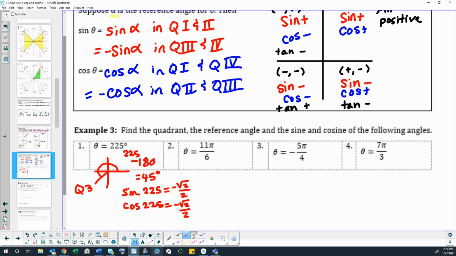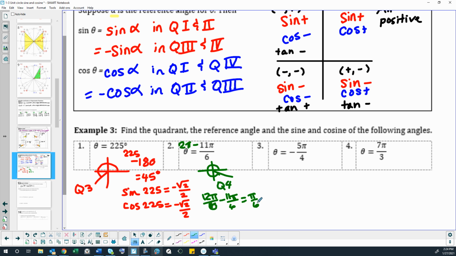Okay, next question, 11 pi over 6. It's like all the way around to here. Technically, to find that reference angle, we would take 2 pi and subtract 11 pi over 6. Now, hopefully you're going to see the beauty in radians, because if we do that, we need a common denominator, 12 pi over 6, and subtracting 11 pi over 6 is just pi over 6.